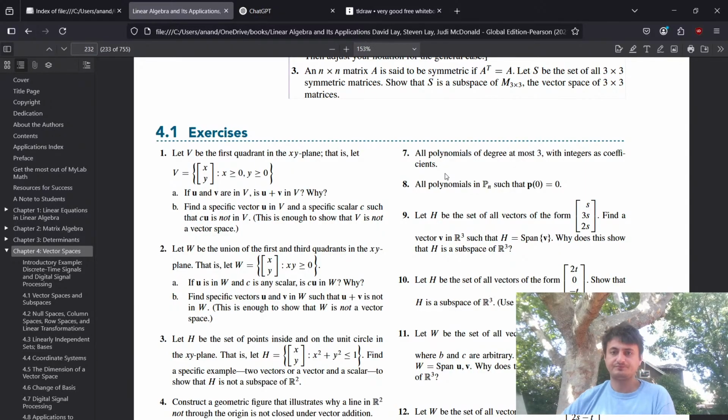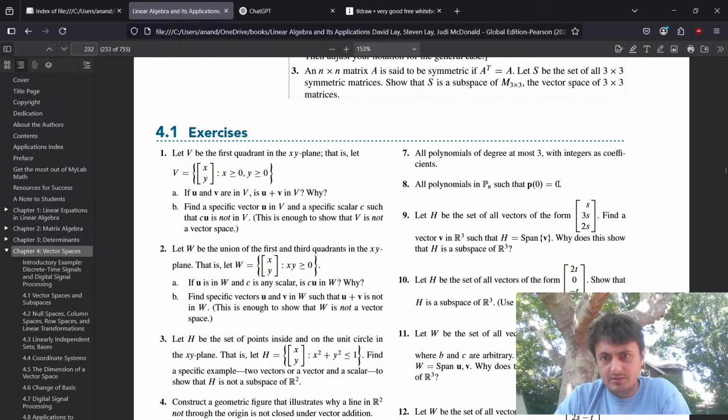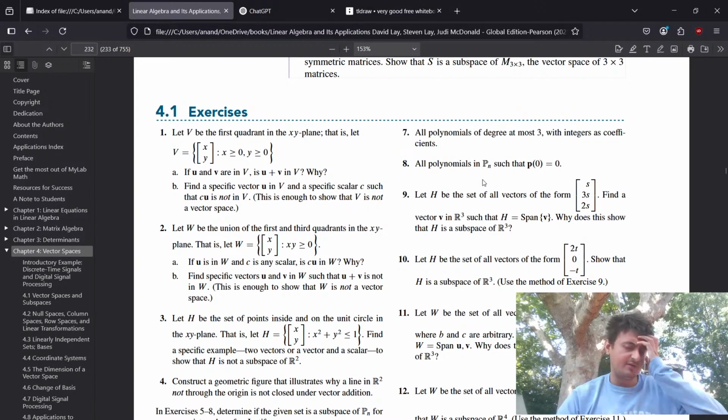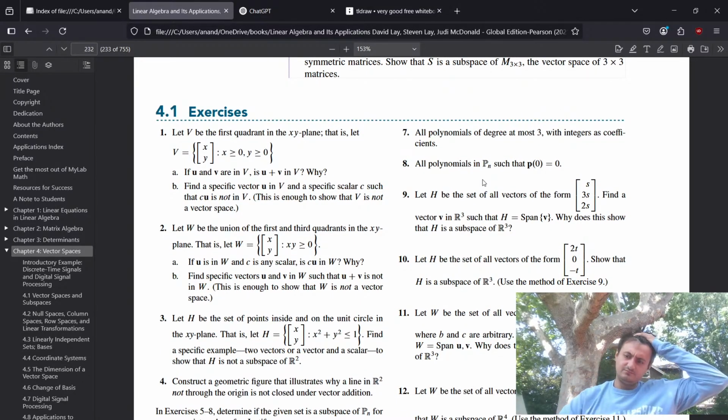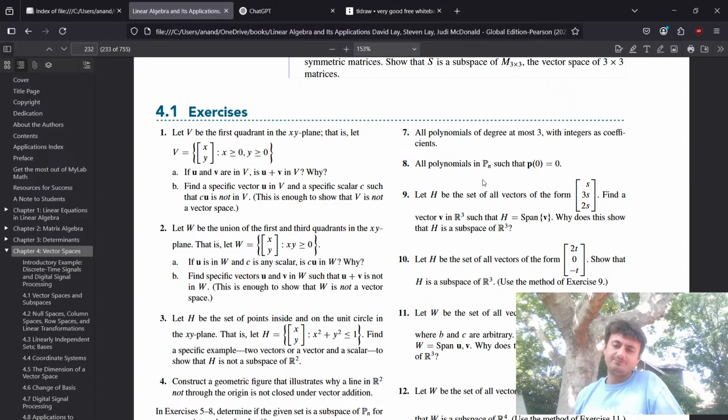Okay, number 8. All polynomials in P of n such that P of 0 is equal to 0. Ooh, this is a good one. So what does that mean?